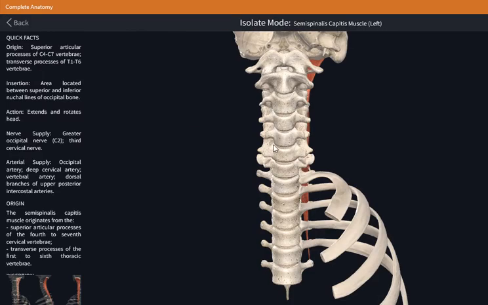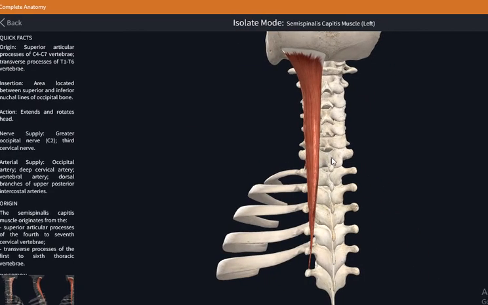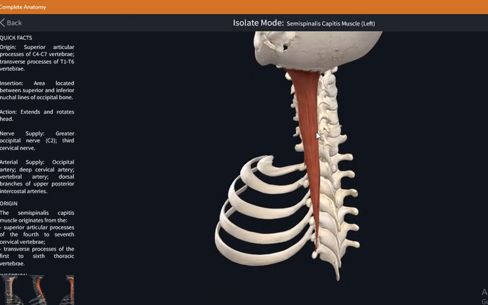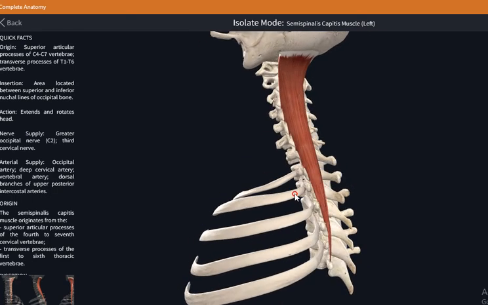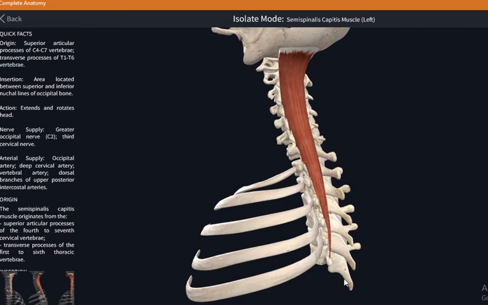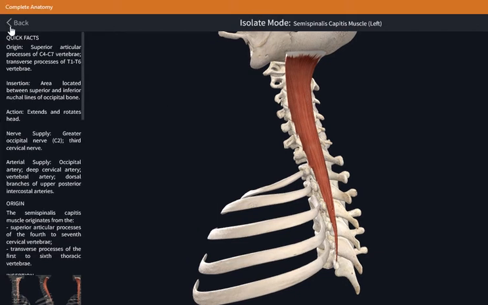When we isolate it, we visualize that it originates from the superior nuchal line, and it's going to insert at the level of the transverse processes from C1 to T5. These are the different parts which are involved.